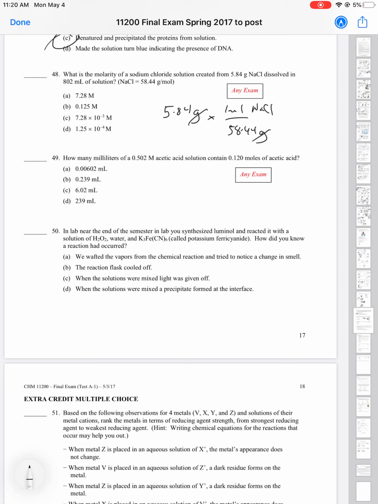And then we'll divide it by, we want to know per milliliter, per 802 milliliters. Then we have to convert that to liters, because molar is moles per liter, right? So times 1,000 milliliters per liter. Then we'll multiply that all out, and we get B.